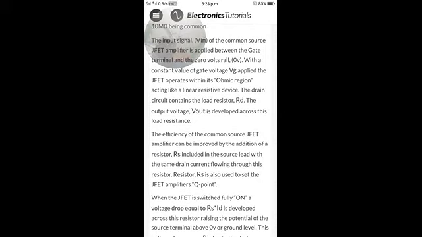The efficiency of the common source JFET amplifier can be improved by the addition of resistor RS in the source lead, with the same drain current flowing through this resistor. The resistor RS is also used to set the JFET amplifier's Q point. So the resistor RS improves the efficiency of the JFET, and it is also used to set the JFET amplifier's operating point.